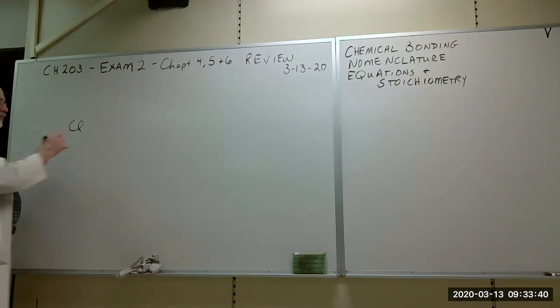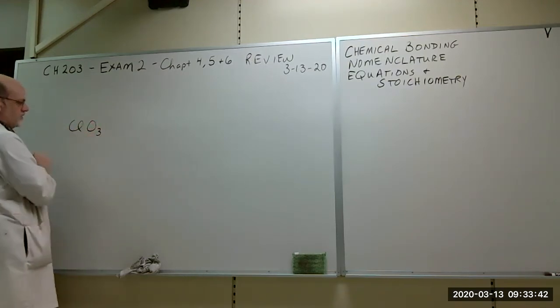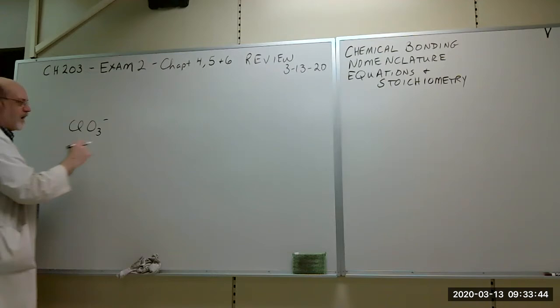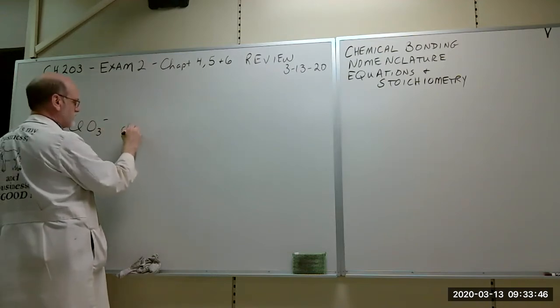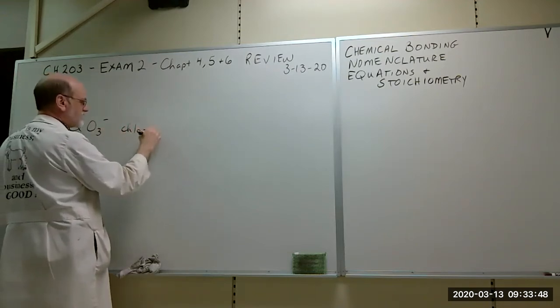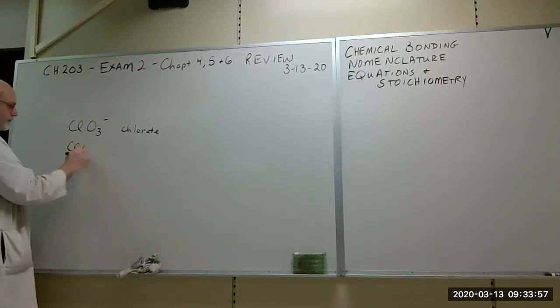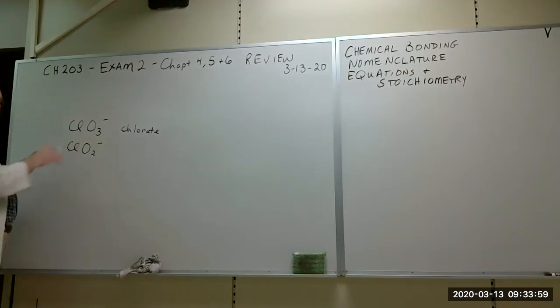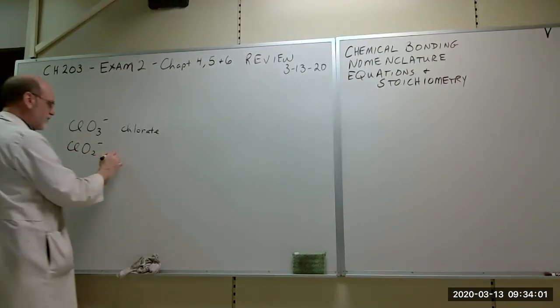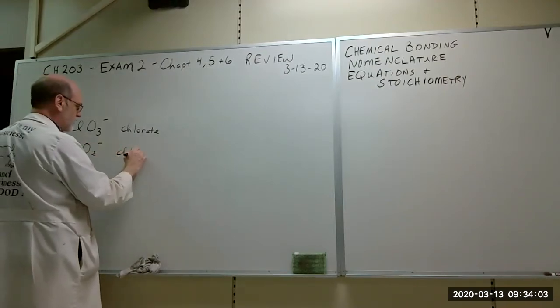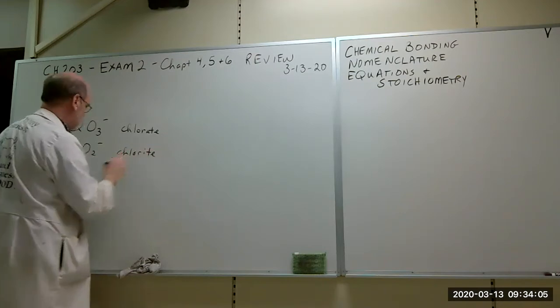I always start with the one that has 3. So that ion is the chlorate ion. If we take away one of the oxygens, it still has a -1 charge, it becomes chlorite ion.